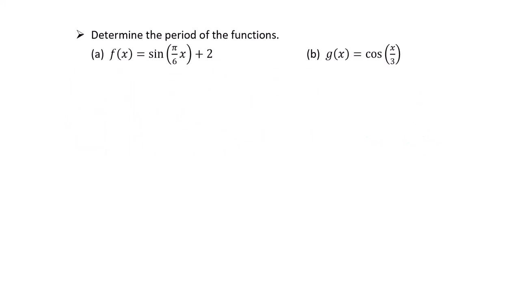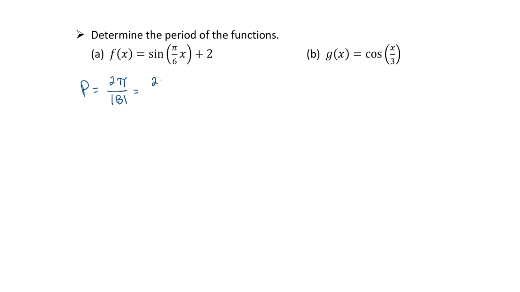Determine the period of the functions. f of x equals sine of (pi over 6 times x) plus 2. So when I'm looking at this, I know that my period is going to be 2 pi over the absolute value of b.